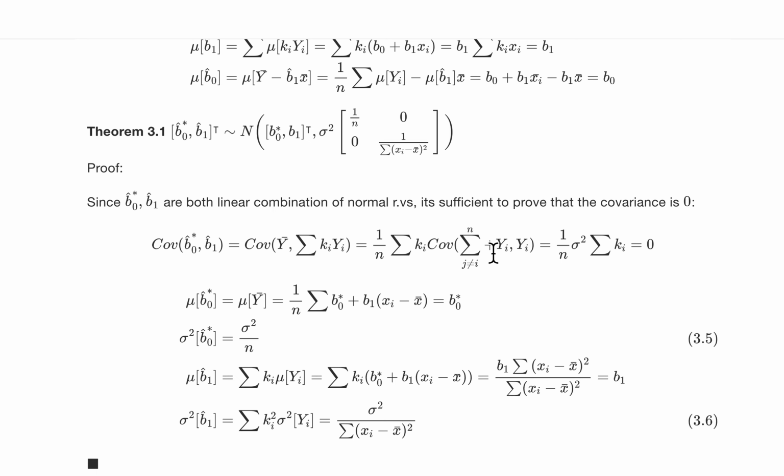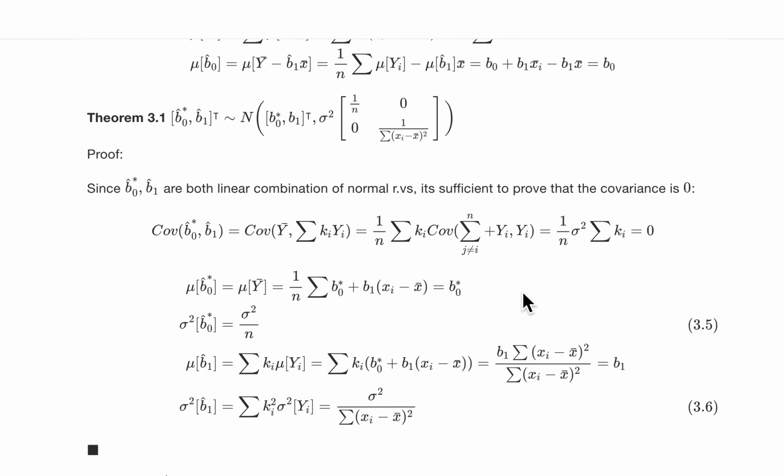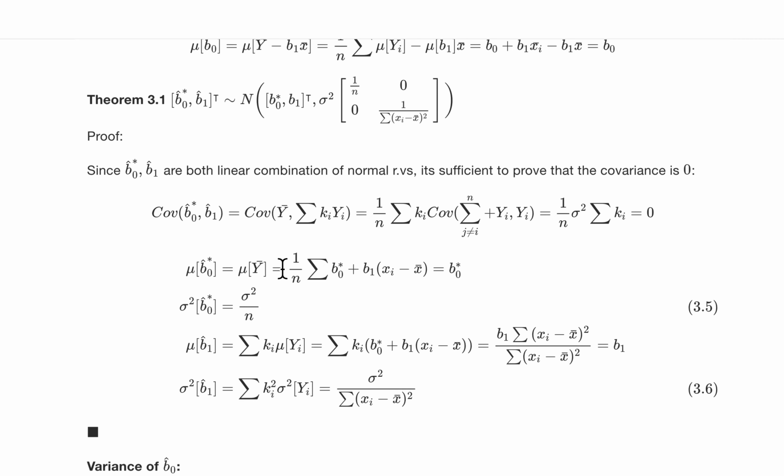Because yi and yj are independent when i is not equal to j, it actually becomes just one term, sigma square, so that becomes 1 over n sigma square times the sum of ki, and because the sum of ki is 0, the whole thing is 0.